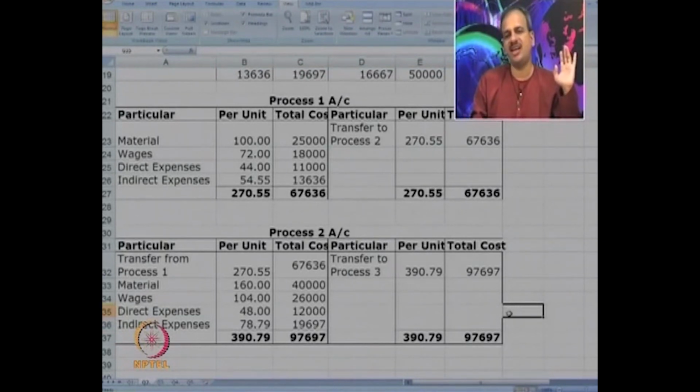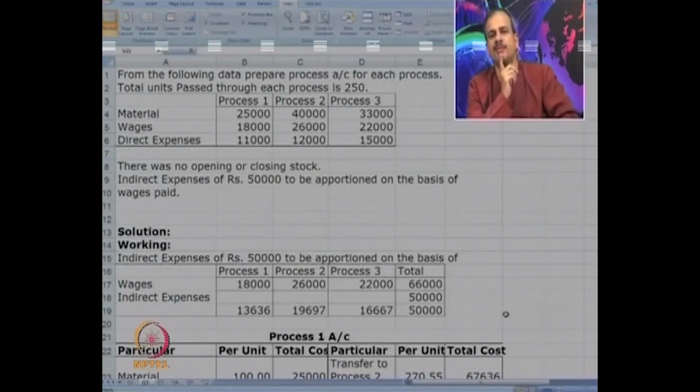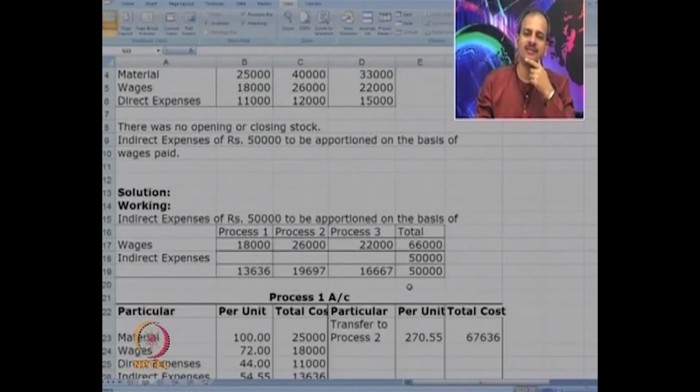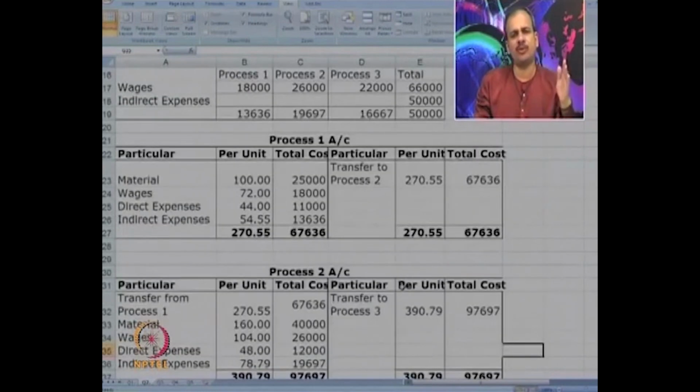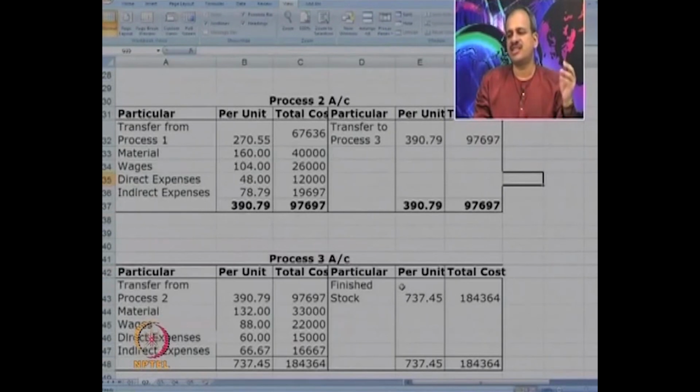Now process 3 you can make very easily. We will go back. Look at the process 3 and try to make process 3 account. Okay. So have you thought of how to make process 3 account? Very similar to process 2. So we start with the charge in the process 3 account.